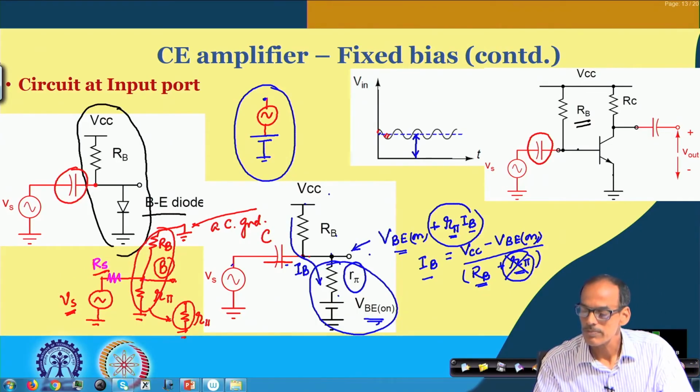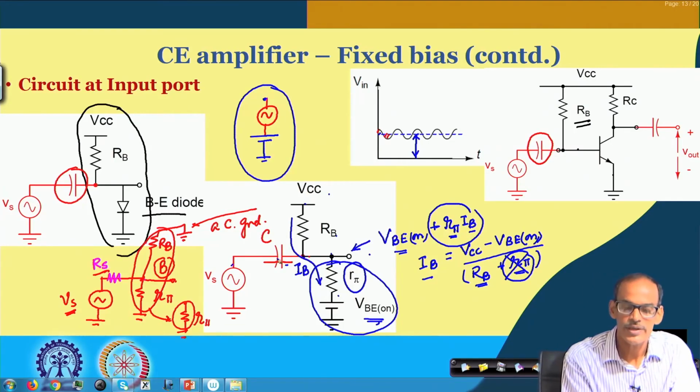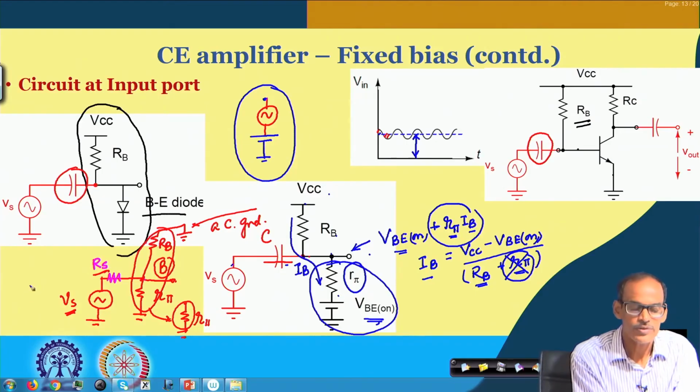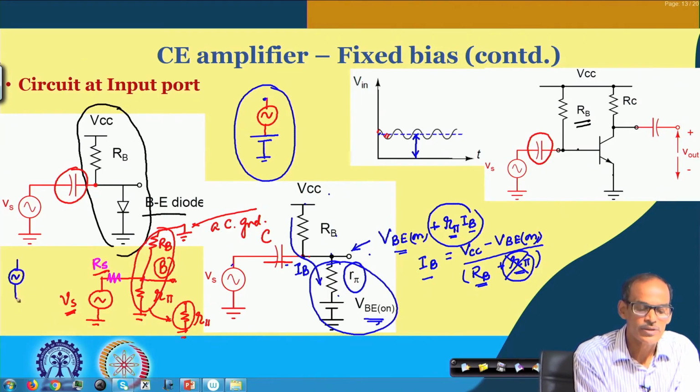So to further conclude what we will be having at the base, for the small signal at the base we will have the Vs with a source resistance Rs, and then the base to ground node resistance.